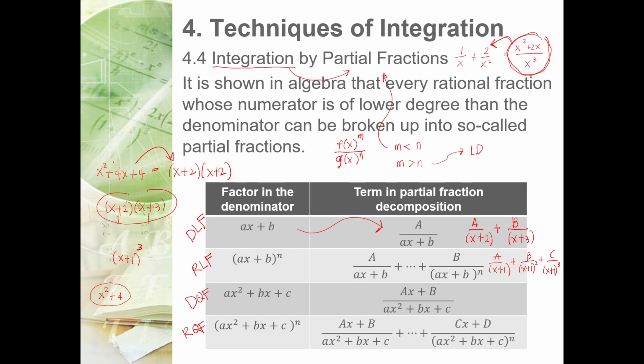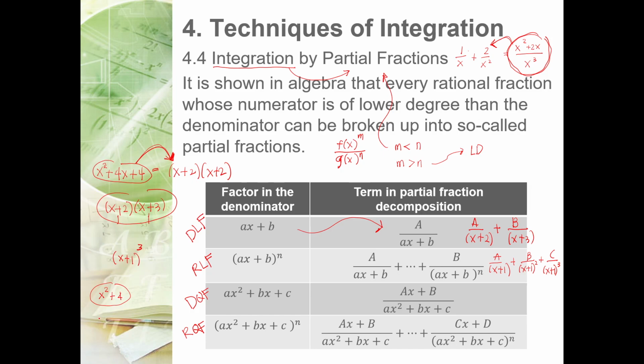Unlike this example, x squared plus 4x plus 4: even though that is quadratic, we can still make it into individual linear factors. As a final tip, it's quadratic if you cannot decompose it into its linear factors.